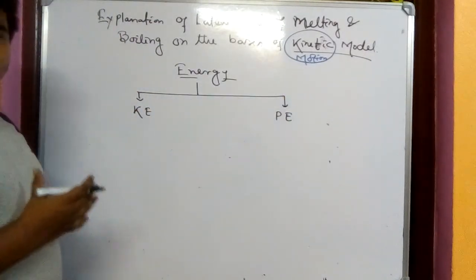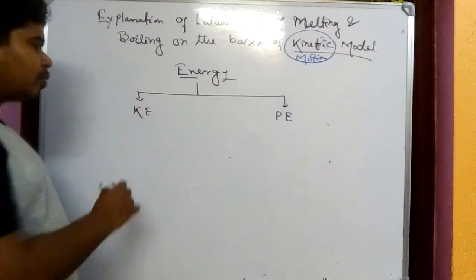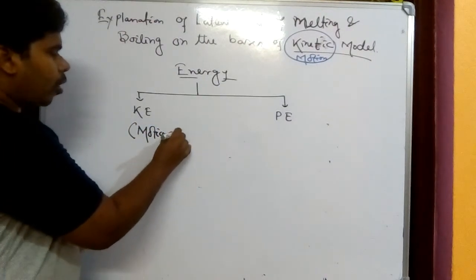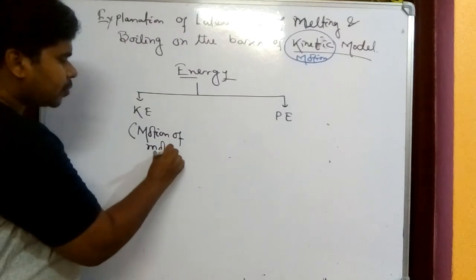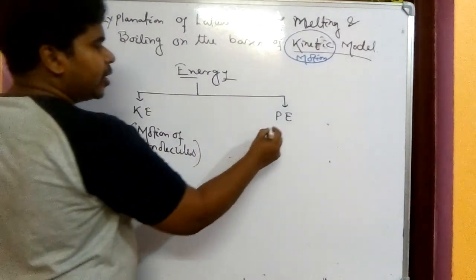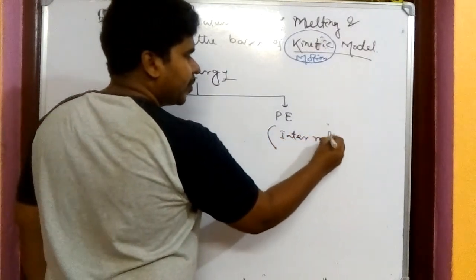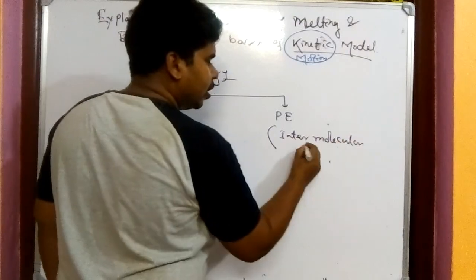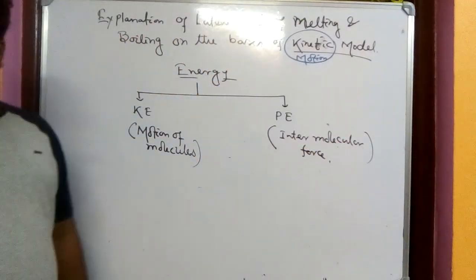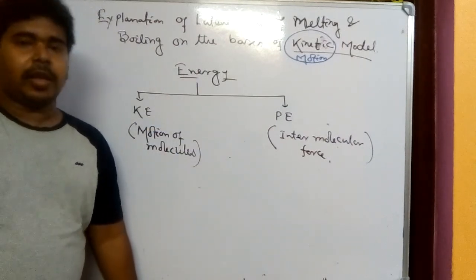Kinetic energy, we all know, is the energy possessed due to the motion of molecules. And the other energy, the potential energy, comes due to the intermolecular force. Due to the intermolecular force between the molecules, that energy is possessed, which is called potential energy.